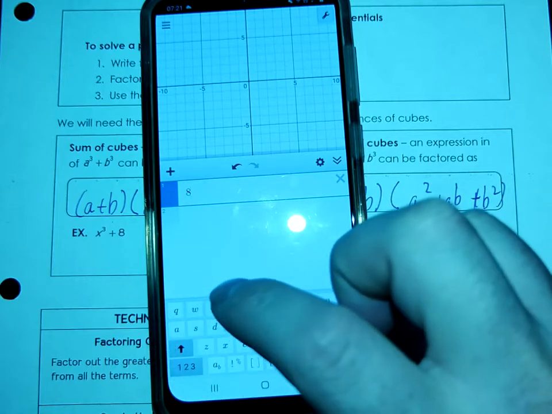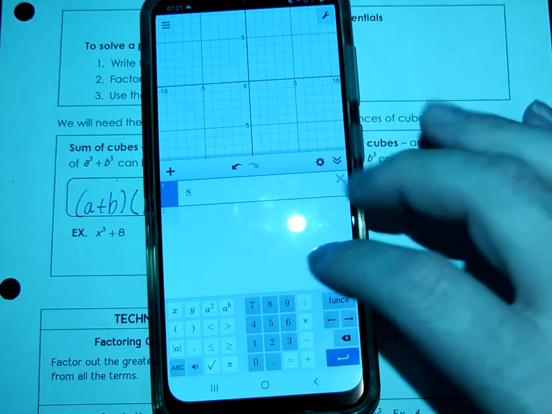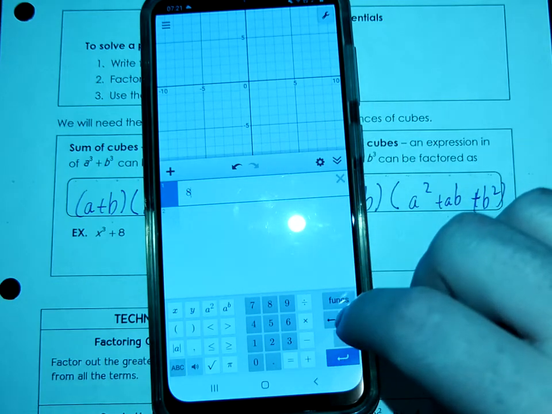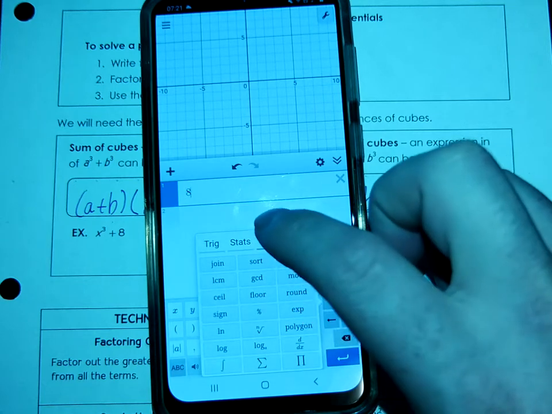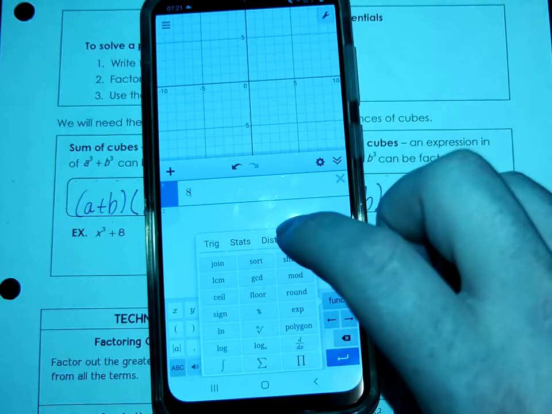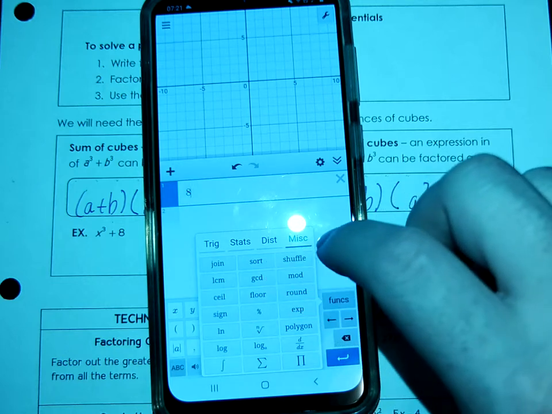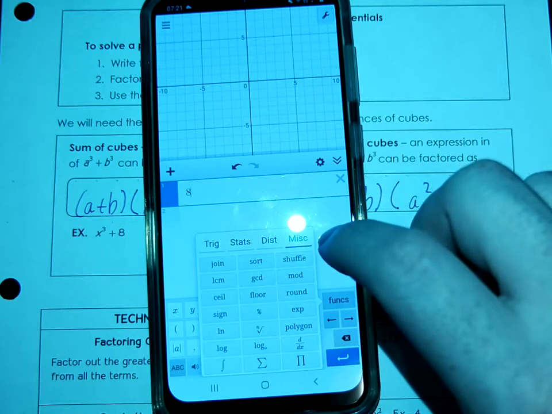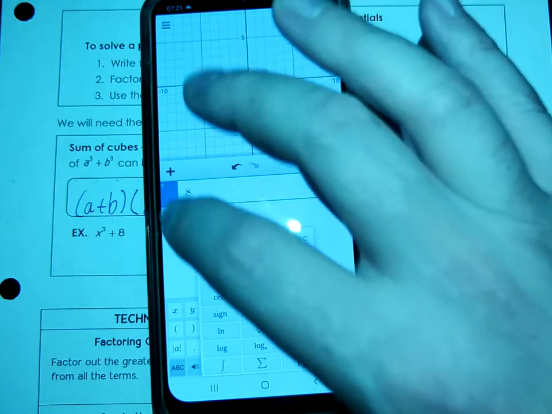Go ahead and practice on the non-computer version. None of those, I know that. So it would be here if it was here. Alright, I guess we're going to use the actual symbol for cube root.